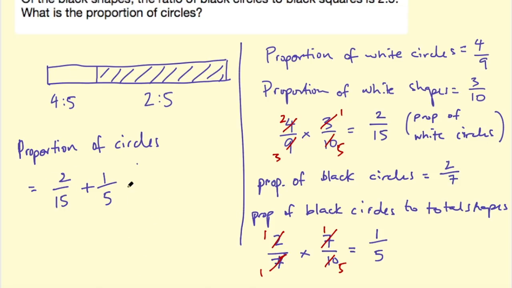So I can add them together. Times this by 3, so 2 over 15 plus 3 over 15, so 5 over 15 is going to be 1/3. So your answer, the proportion of circles, is 1/3 in the bag.